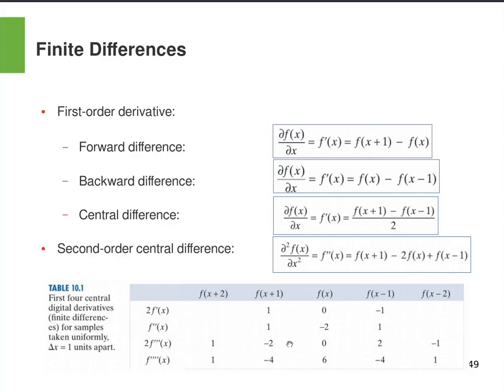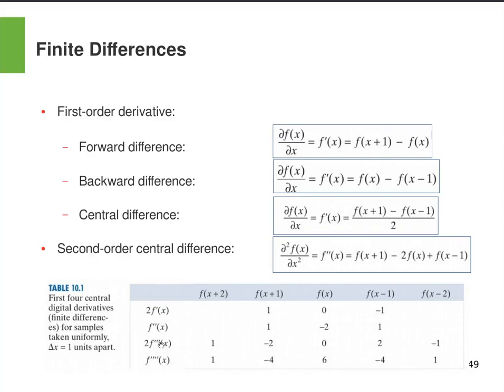Here in this table we have the central difference for the first order derivative in the first line, then for the second order derivative, and then the third and the fourth order derivative.